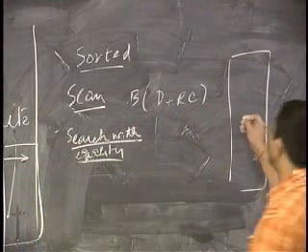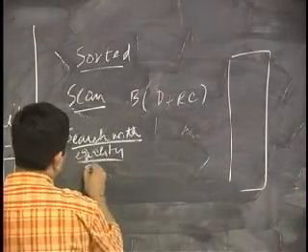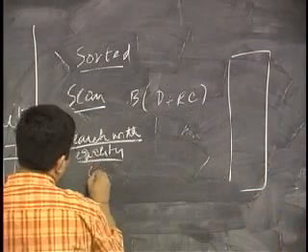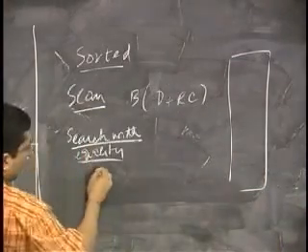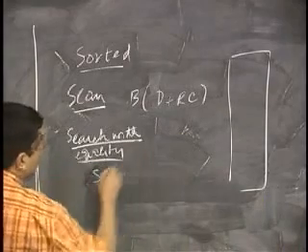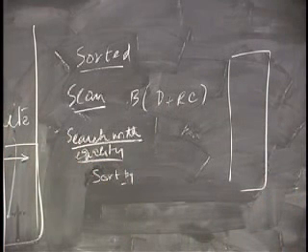So if we do a search, again there'll be two conditions. One is that you are searching on something that is the sort key. If that is not the key with which you are searching, then it doesn't give you any advantage.